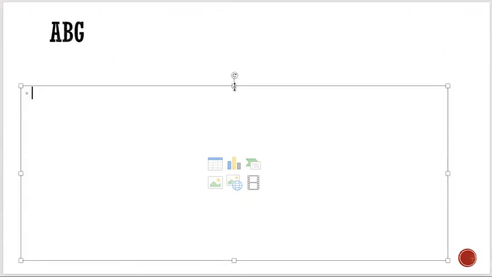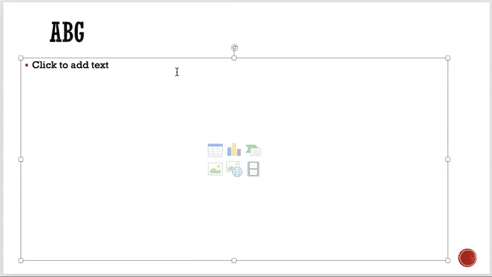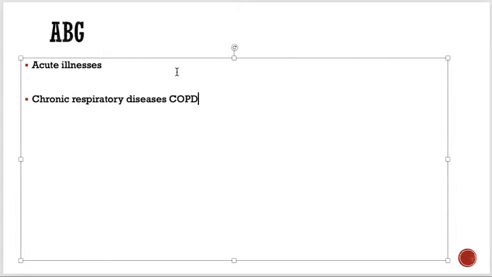Basically, this test is used most commonly in acute illness, most of the time in emergencies, but it can also be done in patients who have chronic respiratory conditions like COPD, chronic obstructive pulmonary disease.